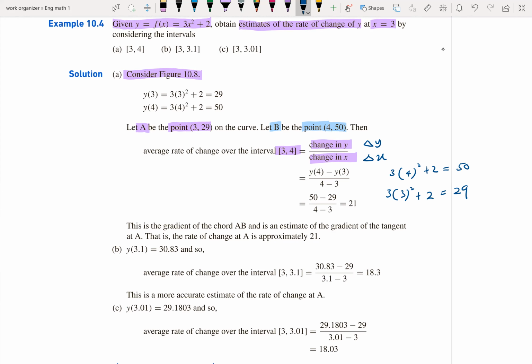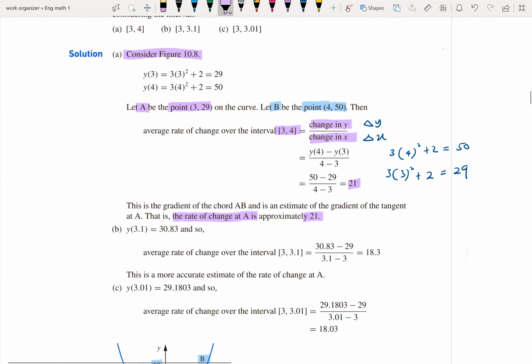So 50 minus 29, divided by 4 minus 3, and we get the answer as 21. So the rate of change at A is approximately 21.